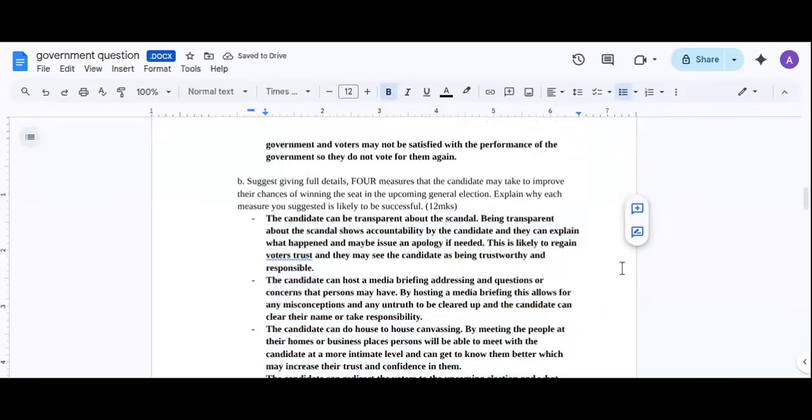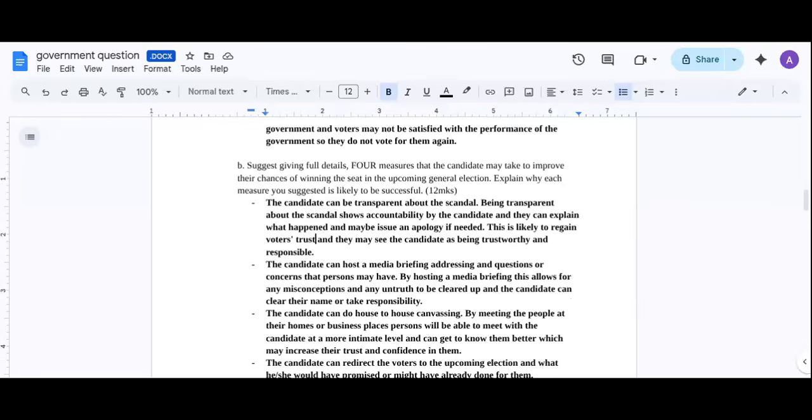Being transparent about the scandal shows accountability by the candidate, and they can explain what happened and maybe issue an apology if needed. This is likely to regain voters' trust, and they may see the candidate as being trustworthy and responsible. People like to know that people could own up to what they do. The candidate can host a media briefing addressing any questions or concerns that persons may have.